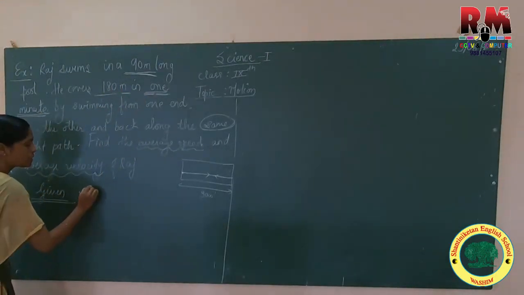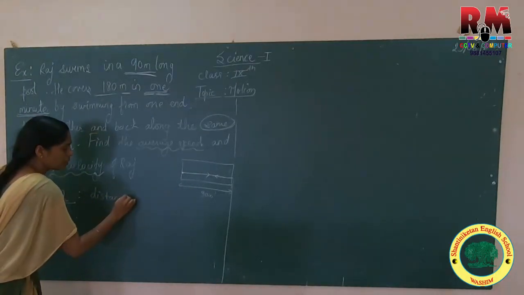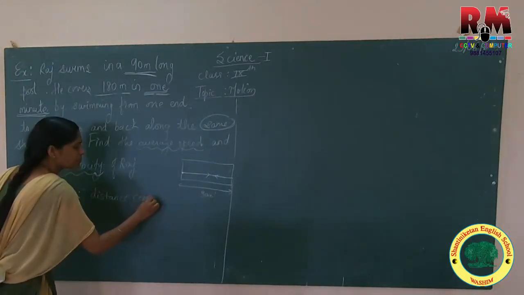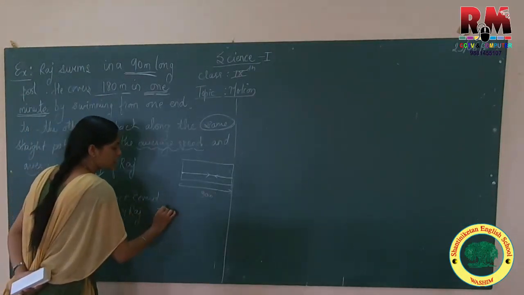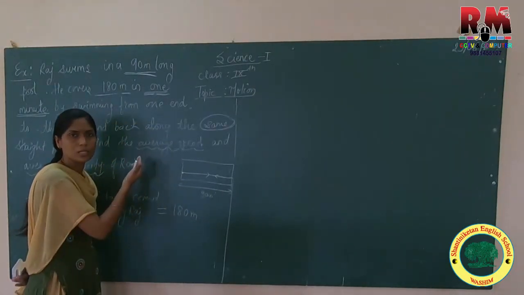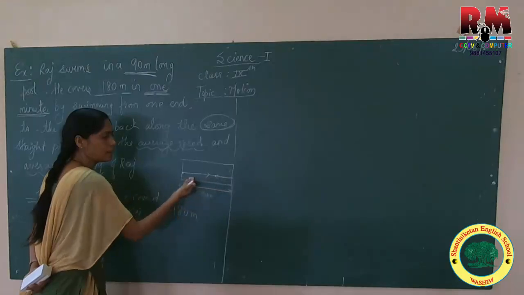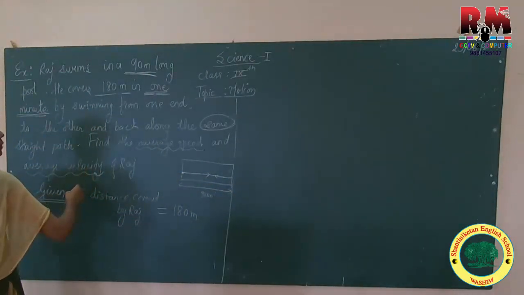So very first we will see the distance covered. Distance covered by Raj is equal to 180 meters. So I can say this is the total distance covered because he is covering it when he goes from one point to another point. Okay.